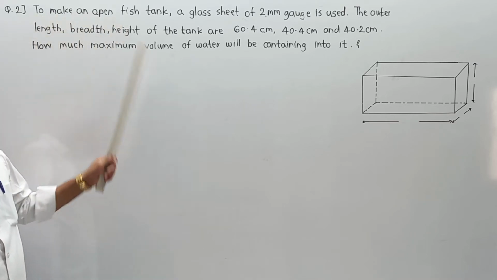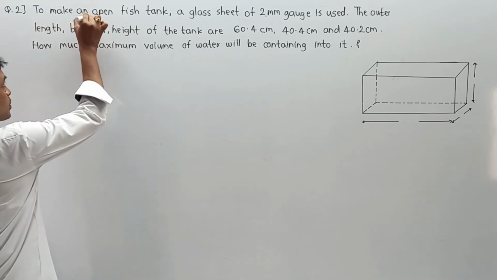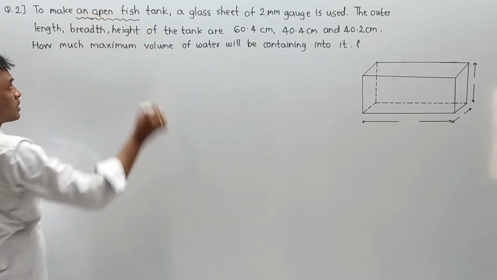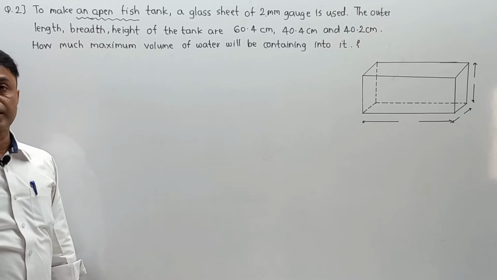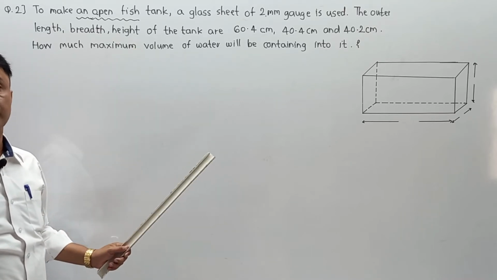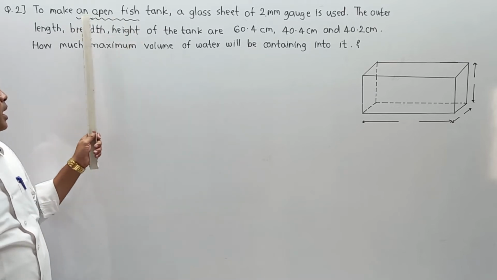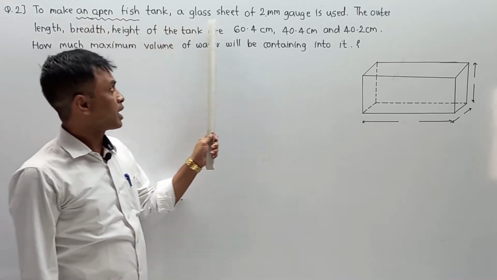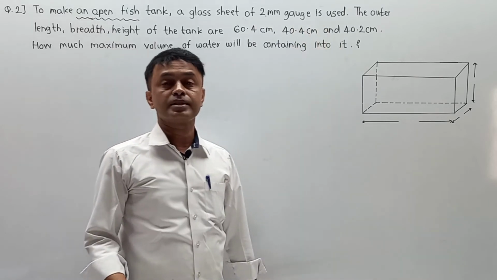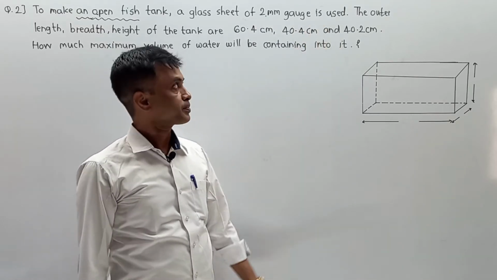Now student, once again please pay attention to this numerical because it is logical for understanding. The first words are open fish tank. It indicates that its upper surface is not available over there. A glass sheet of 2 mm gauge is used. Gauge means nothing but thickness.